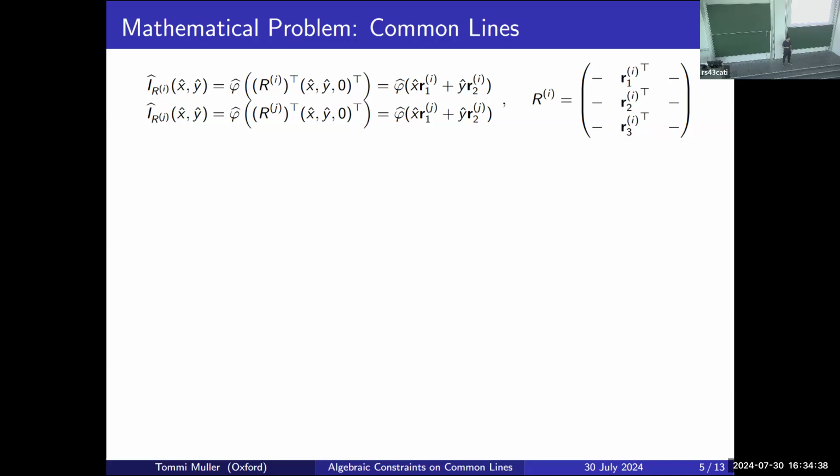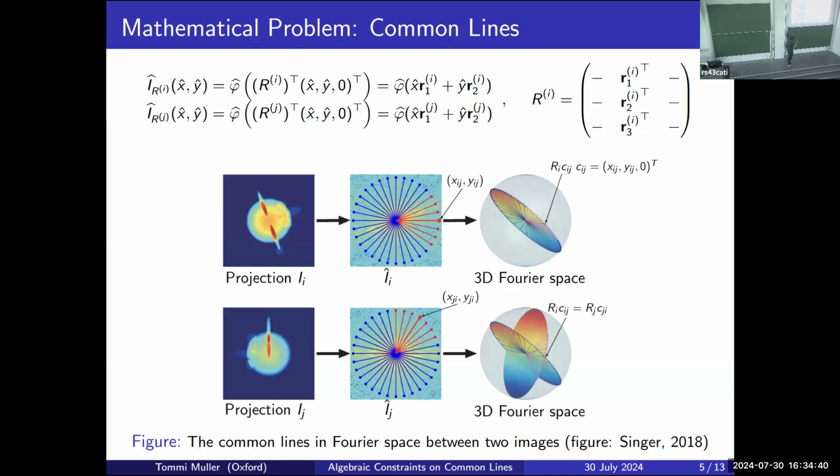So if you want to visualize this, the right-hand side of the equation was 3D Fourier space. There's one plane of values for the phi hat here, that's the top quantity, and another plane of values here, that's for the second quantity, image J. And generically, the two planes are going to intersect along some line.